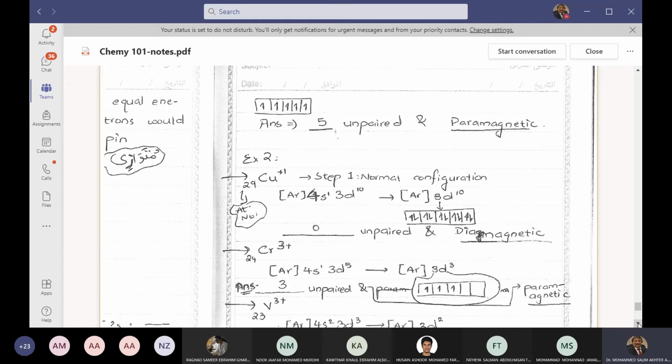Cobalt 3 plus, atomic number 27. I want you to do it on the paper and then take a picture and send me. Cobalt 3 plus, atomic number 27.